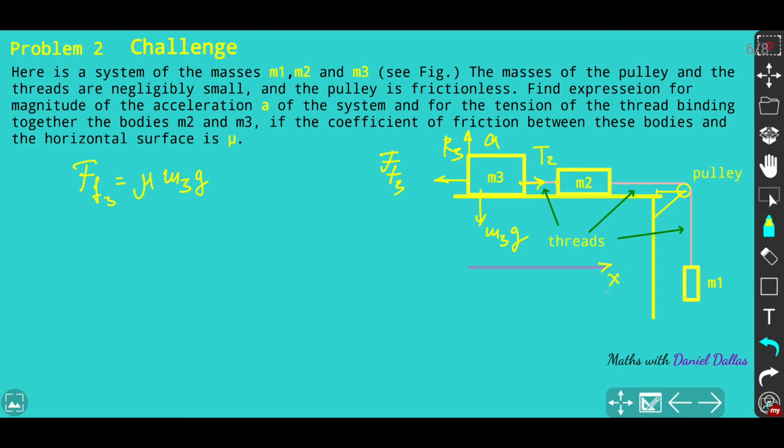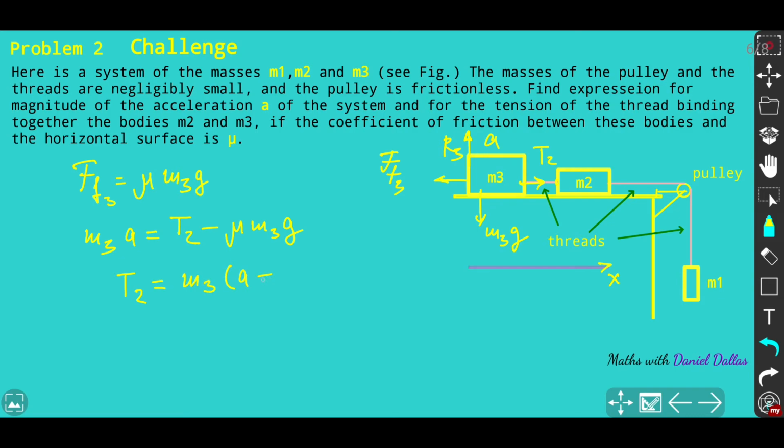M3 times A, acceleration, is going to be equal to the tension force that we're looking for minus the friction force, which in our case is mu times M3 and g, from where we can find the tension force, which is going to be M3 and in the brackets the sum of A and mu g.